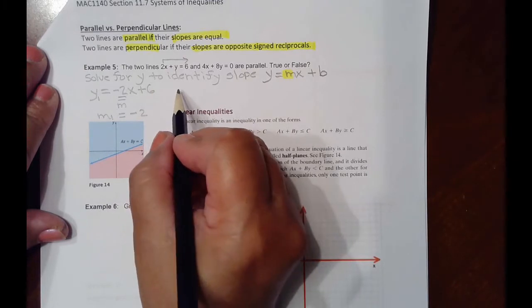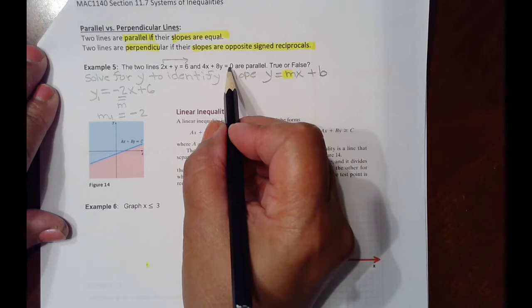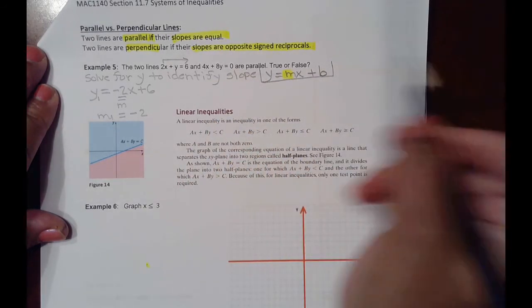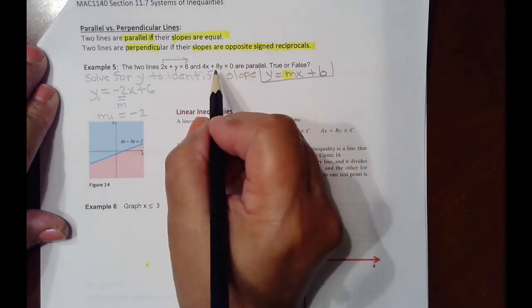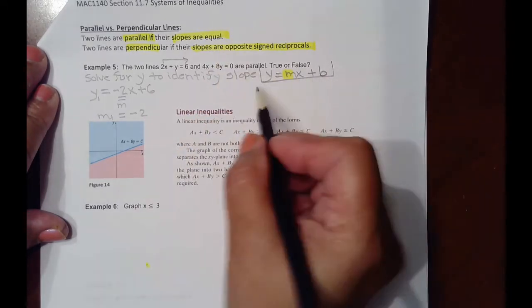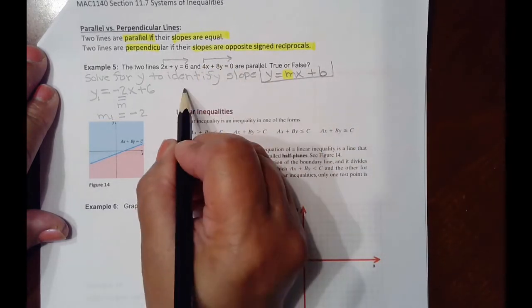Okay, then we have this other line that's 4x plus 8y equal to 0. So again, you want to get it in this form to reveal the slope, slope-intercept form. So I'm going to try and isolate the y just like slope-intercept form does by bringing first the 4x over here.